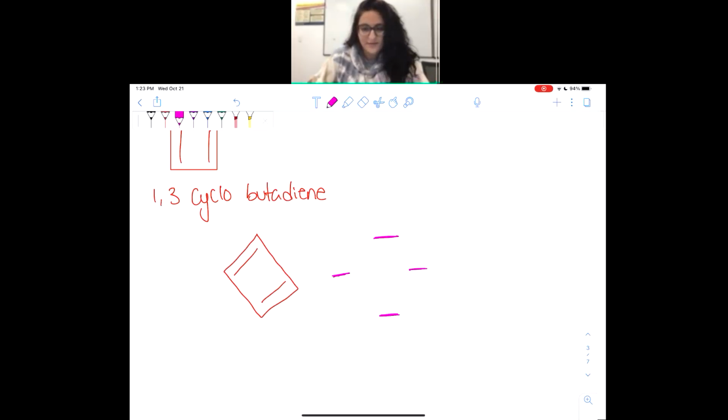My diamond's looking kind of rough, but essentially the energy levels would look like this. And when we go to number them, we know it's going to be pi 1, pi 2, pi 3, and pi 4.